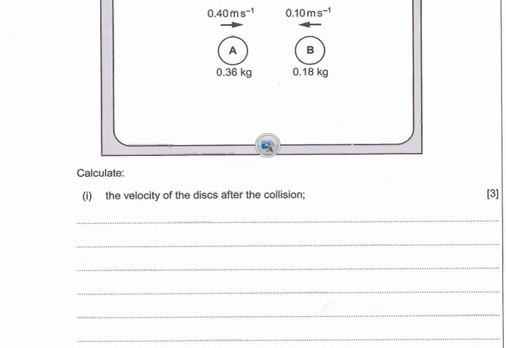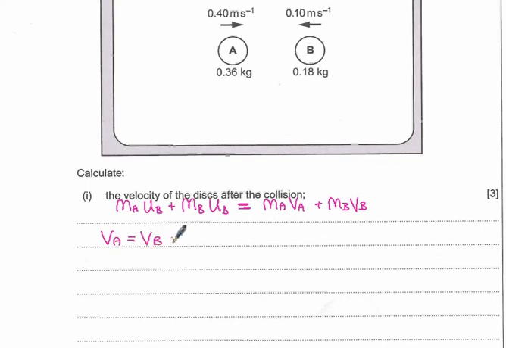What we can do now, because they stick together, VA is equal to VB, so we'll just call that V from now on. And we'll rewrite: MAUA plus MBUB is equal to M1 plus M2, because they're one mass effectively after the collision, times V.